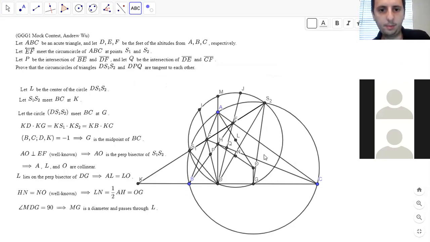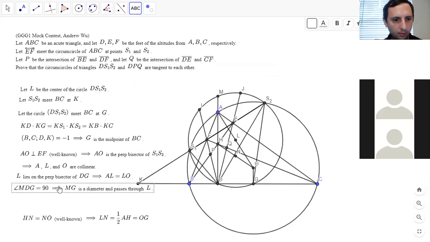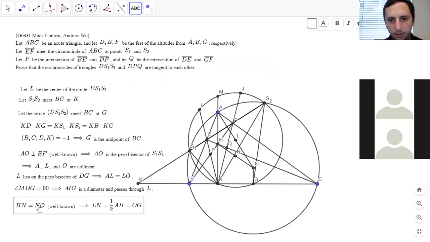So then that means that... so here we had LN is equal to OG. Maybe I'll switch these two. So this one I'll move down there, and this one I'll move up here. So LN is half AH is OG is AM.